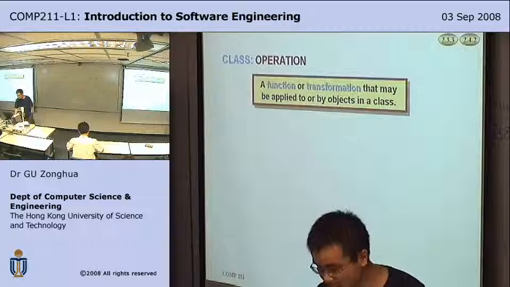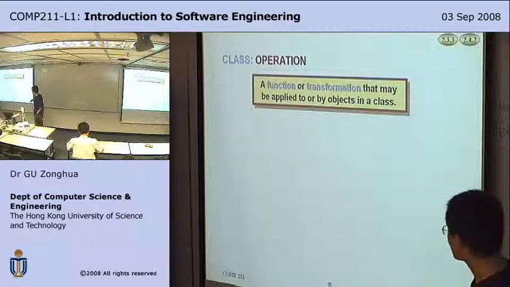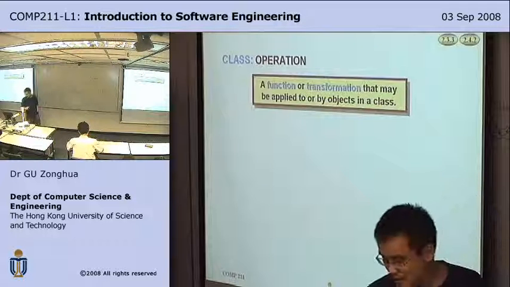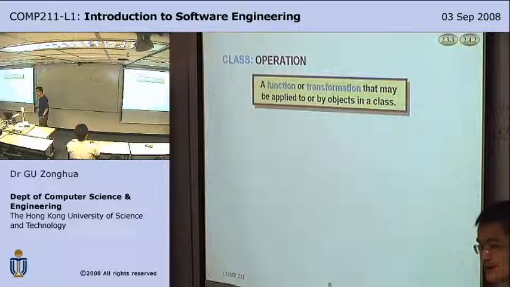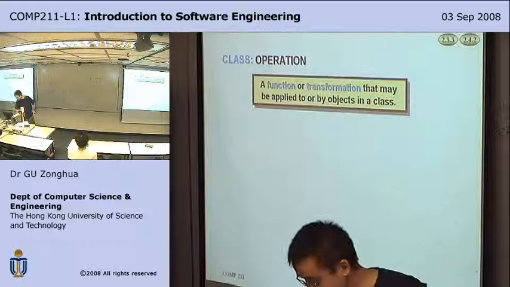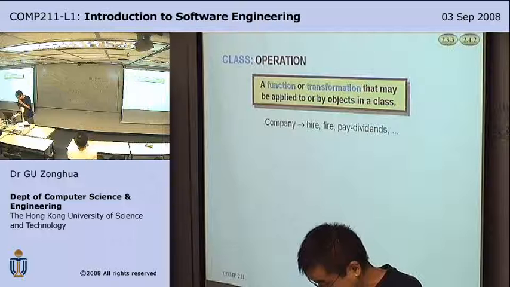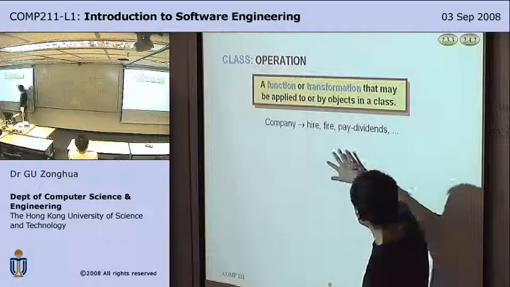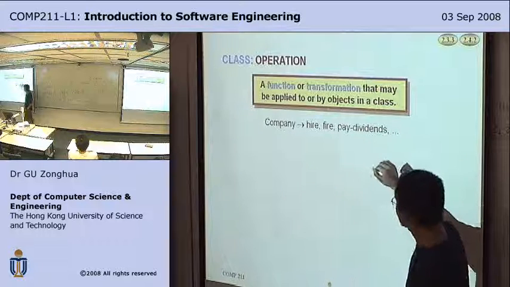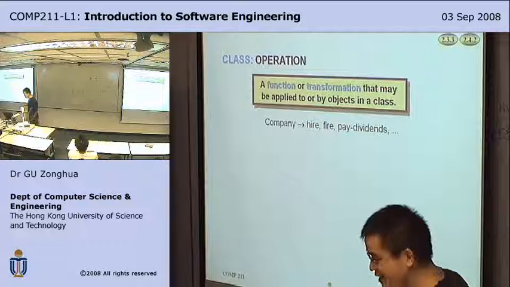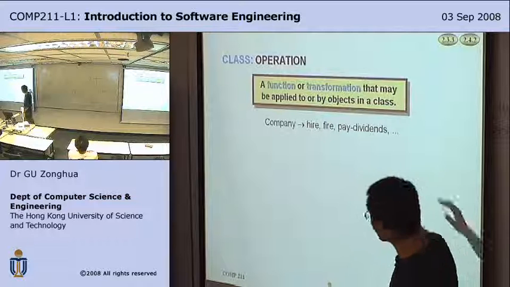So operation. We have discussed attributes, now we turn to operations. Operation is a function or transformation that may be applied to or by objects in a class. So a company class may provide operations like hire an employee, fire an employee, pay dividends to your shareholders.